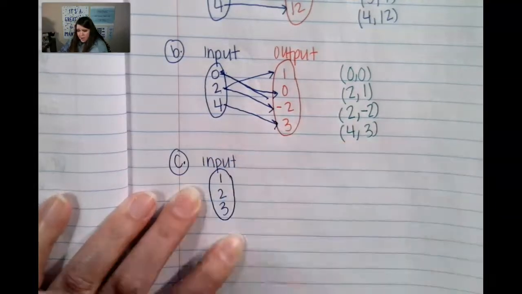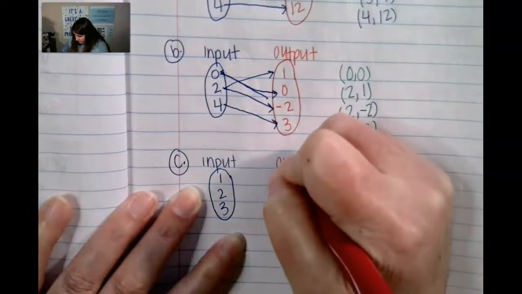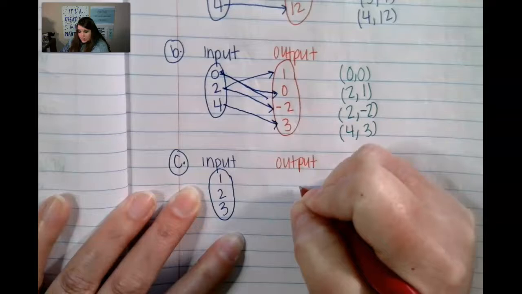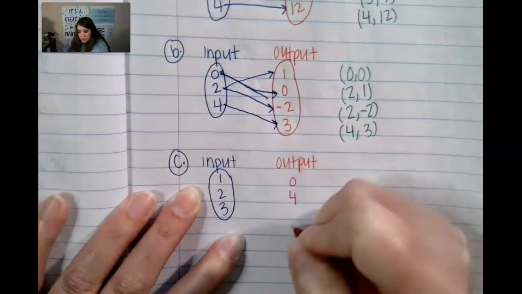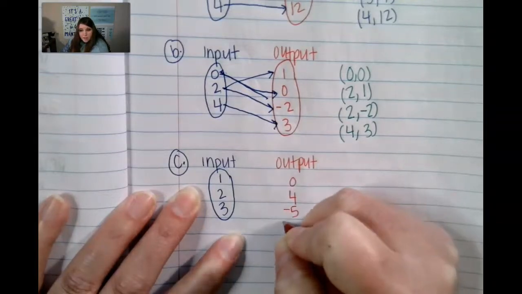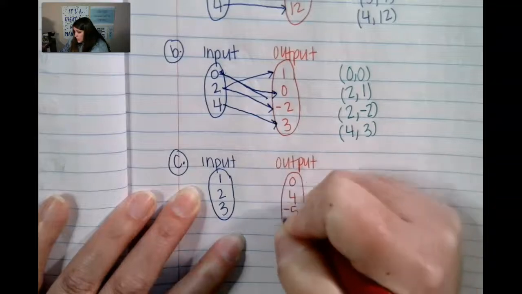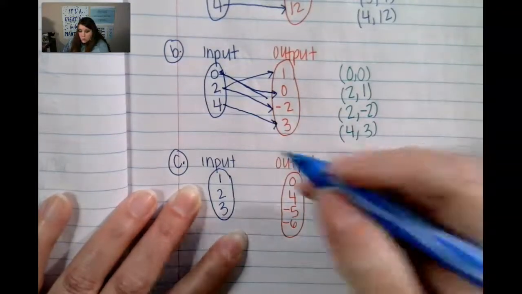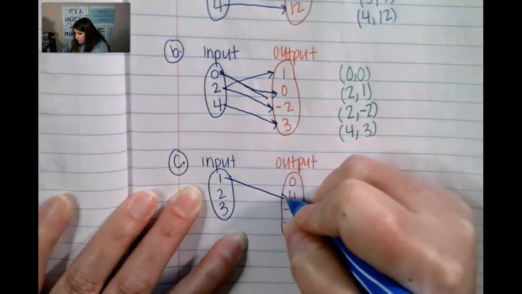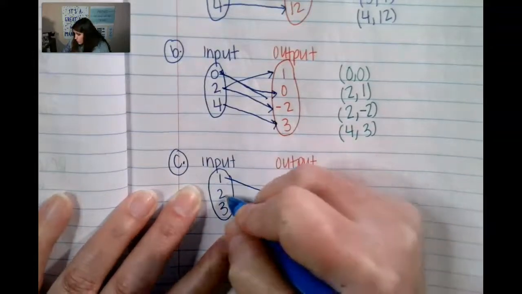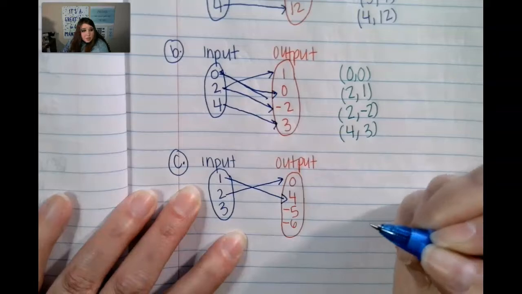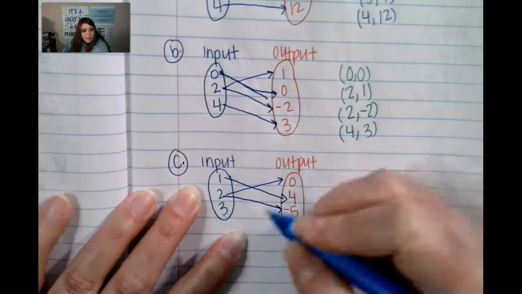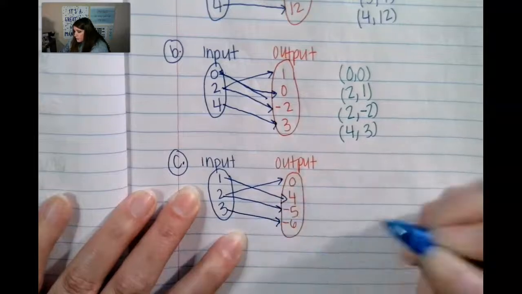It says then my output, my y values, give me 0, 4, -5, and -6. And so this mapping diagram has arrows that are drawn in 2 different places. 1 is paired to 4, 2 is paired to 0, and 2 is also paired to -5. And then it says 3 can be paired to -6.